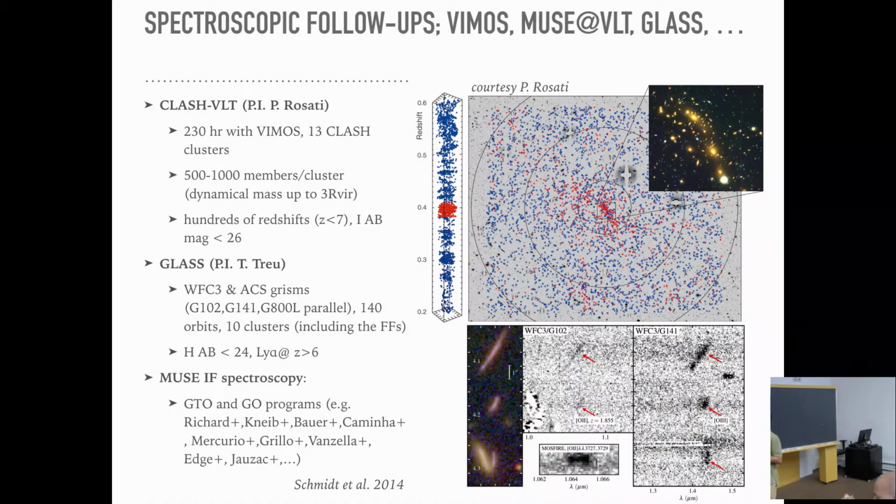There are data provided by another HST program, GLASS, PI'd by Tommaso Treu, and there are several ongoing and past programs that have been using the MUSE integral field spectrograph to target these clusters.